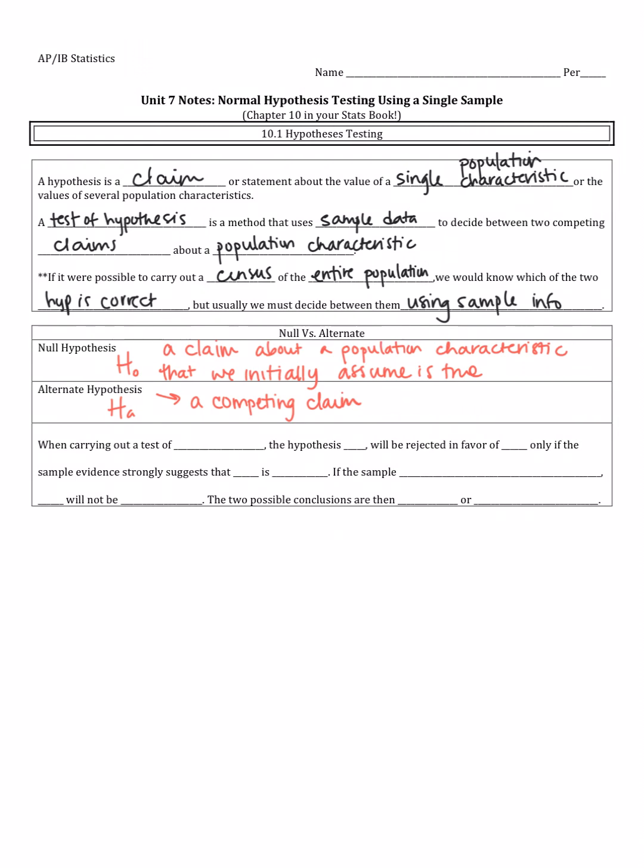When carrying out a test of the null versus the alternate hypothesis, the null will be rejected in favor of the alternate only if sample evidence strongly suggests that the null is false.